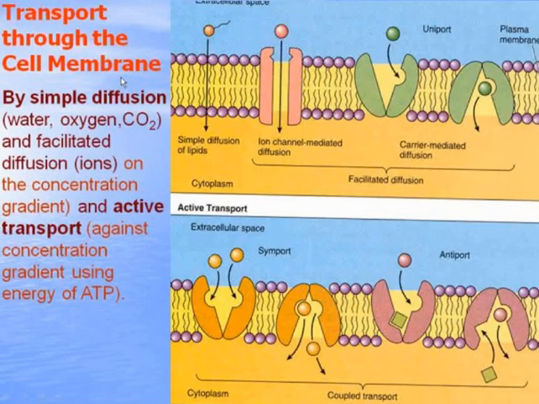Transport through the cell membrane. There are two types of transport: simple diffusion. Small molecules can go through the cell membrane, like water, oxygen, carbon dioxide, from the region of high concentration to the region of low concentration, along the concentration gradient.